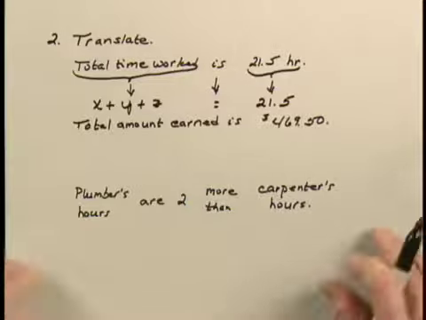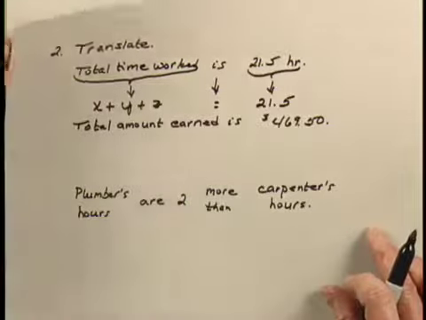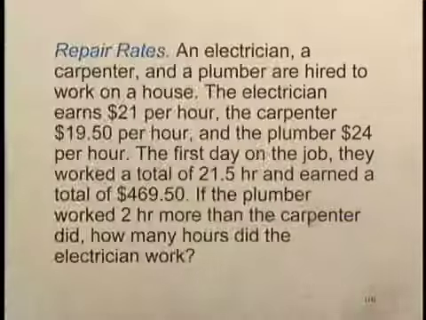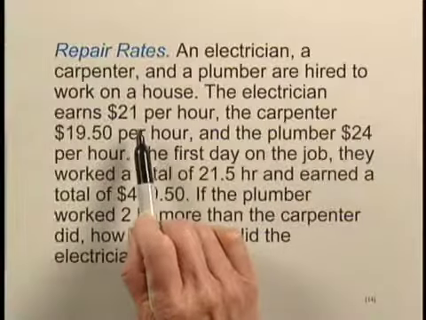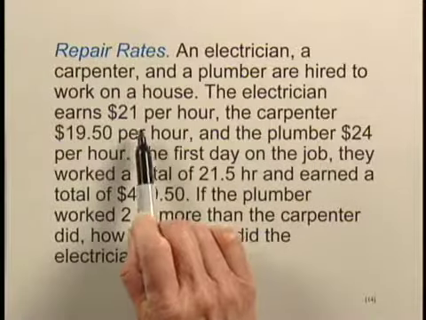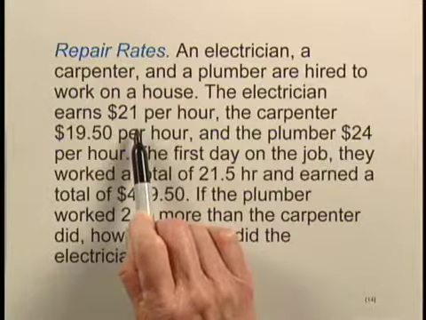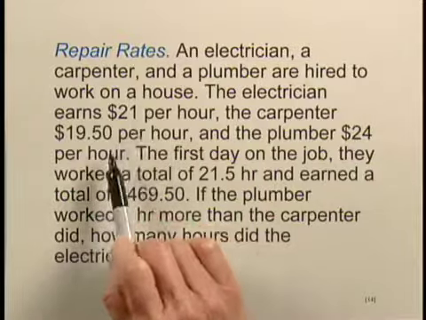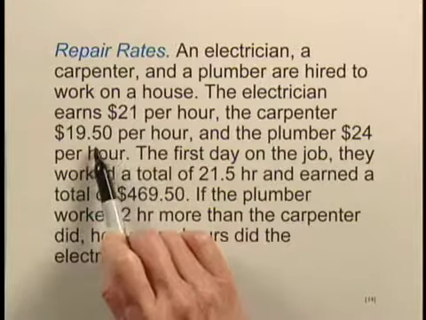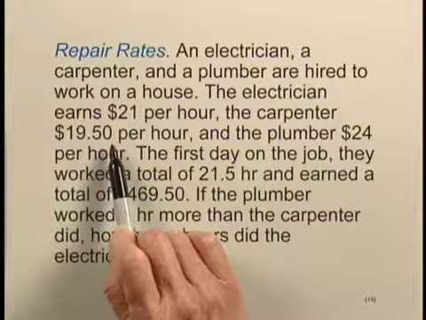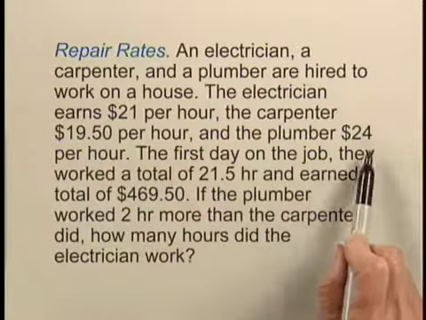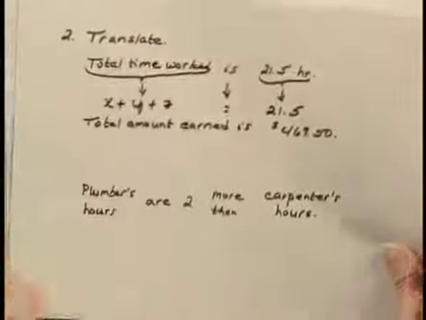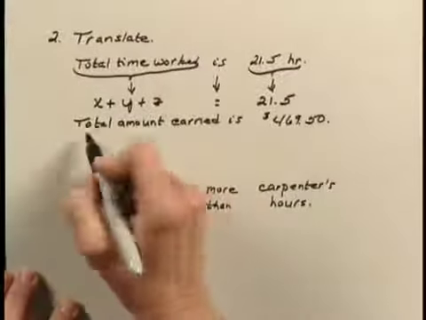The next thing that we're told is that the total amount that they earned is $469.50. Now, if we go back to the statement of the problem, the electrician earns $21 per hour, and we said he or she worked X hours, so the electrician would earn 21X during the hours that he or she worked. The carpenter earns 19.50 or 19.5 times Y, and the plumber earns 24 times Z. So we'll use that to translate here.